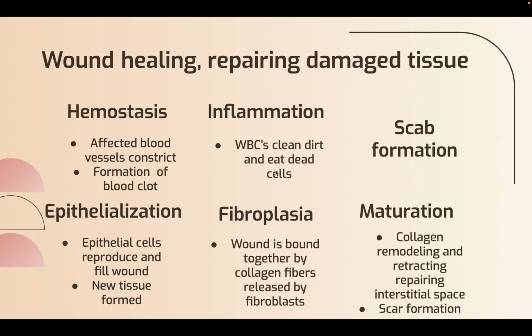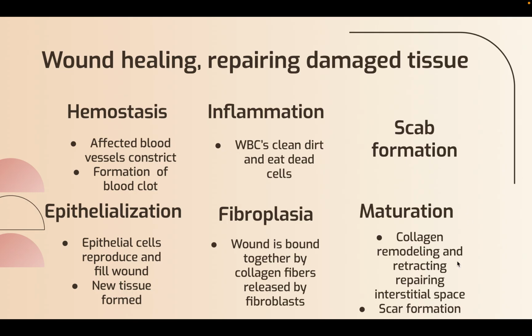Then you have epithelialization or proliferation. That's when those epithelial cells reproduce and fill the wound. New tissue is formed. And then another process called fibroplasia occurs, especially for these deeper wounds. It's bound together by deeper collagen fibers released by fibroblasts.